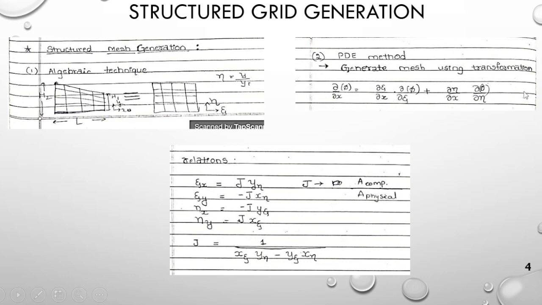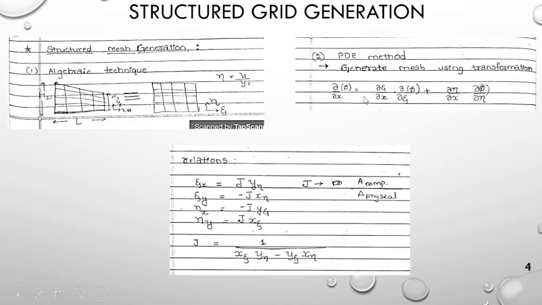So using this particular relation, you can convert all the governing equations into the computational space, that is the zeta and eta framework. But the main thing which still remains unresolved is how do we actually get the value of d zeta by dx, because zeta eta plane is a simple Cartesian plane.